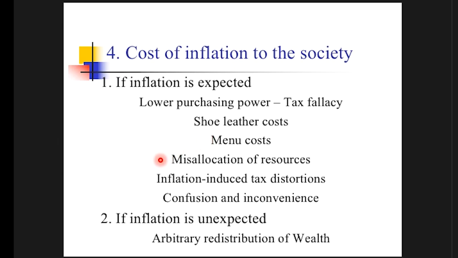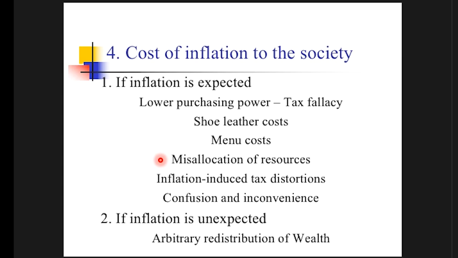Misallocation of resources. When there is inflation, maybe in one sector there is an increase in the price, but a reduction in the price in another sector. As a result, inflation makes the first sector increase in value and require more allocation.